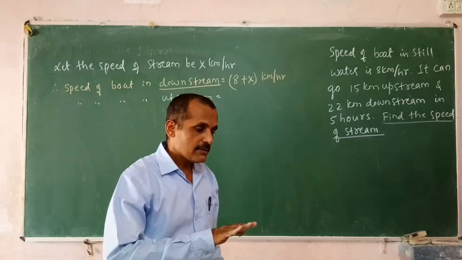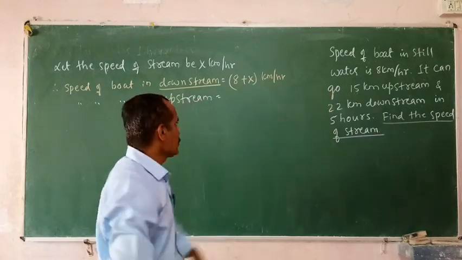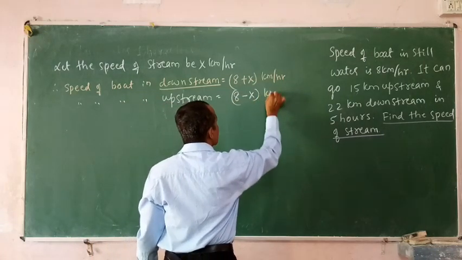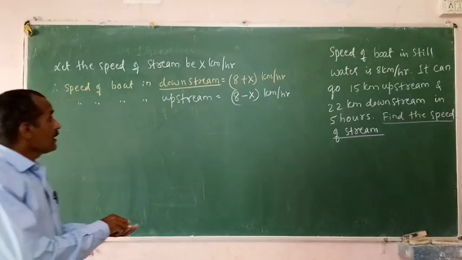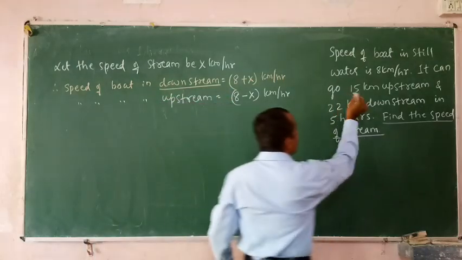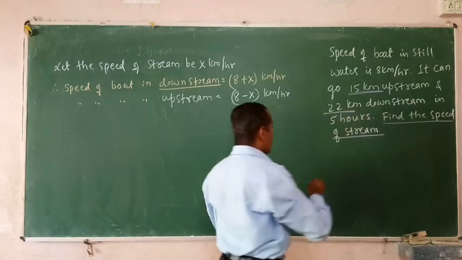The boat is going like this, water is coming in the opposite direction. So the resultant speed is 8 minus x kilometer per hour. We have 15 kilometer upstream and 22 kilometer downstream.